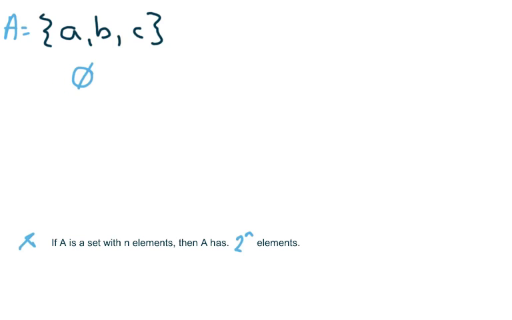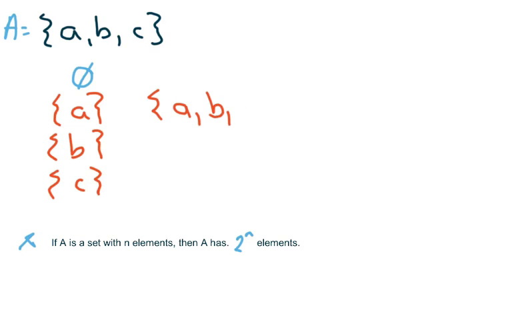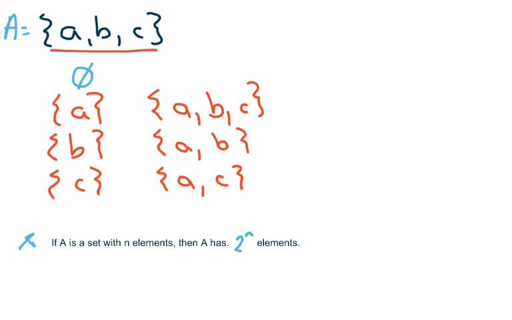So you don't want to say the empty set of the set. And then the other sets would be A stands alone, B stands alone, C stands alone. Then we could put A, B, C together, as we already have, which would be kind of the universal set. Then we can mix A with B, and then we could have A with C. Then we could have B with C.